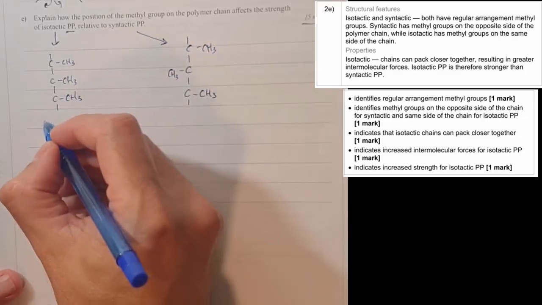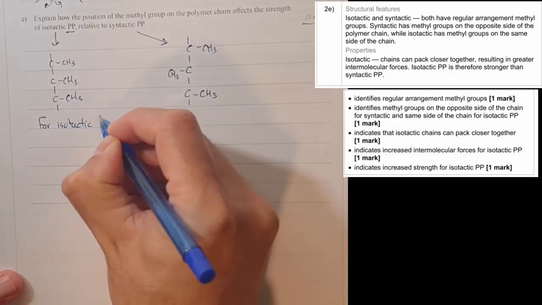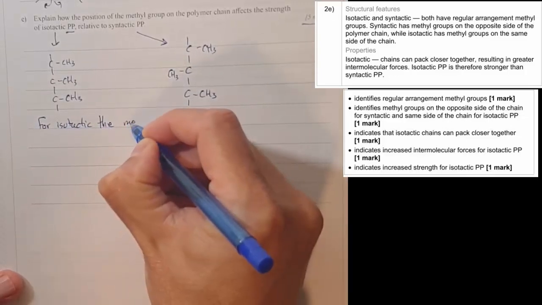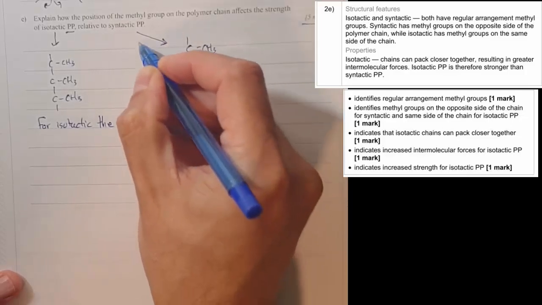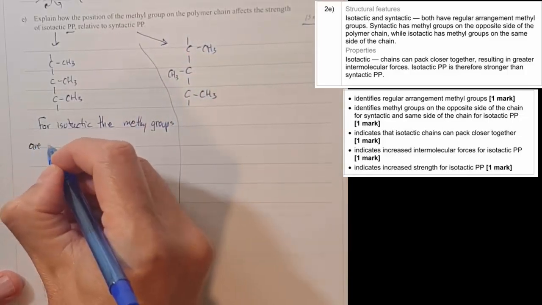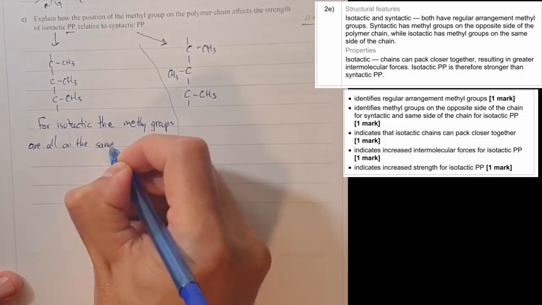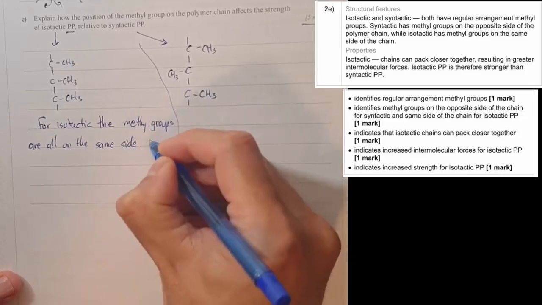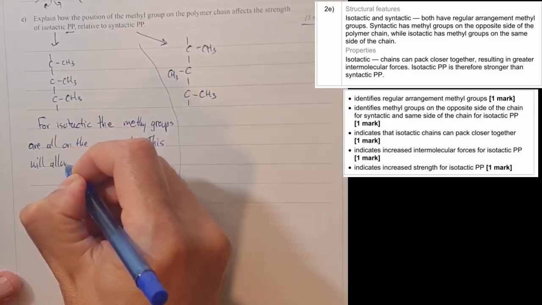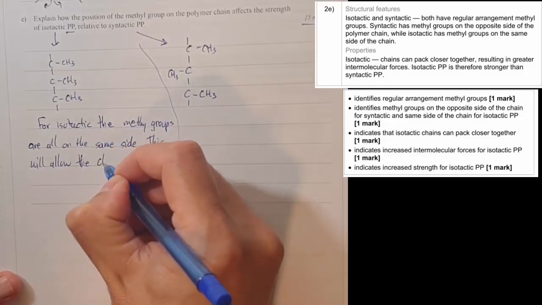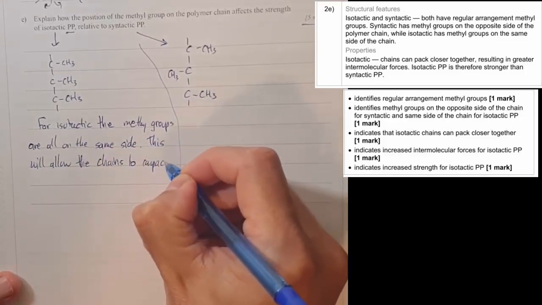So for isotactic, the methyl groups are all on the same side. This will allow the chains to compact together.